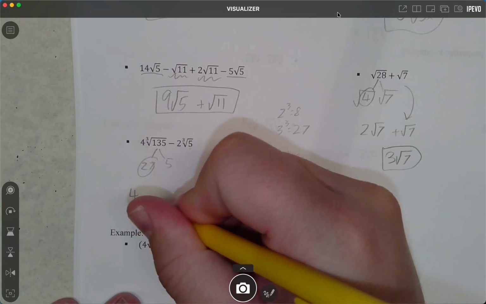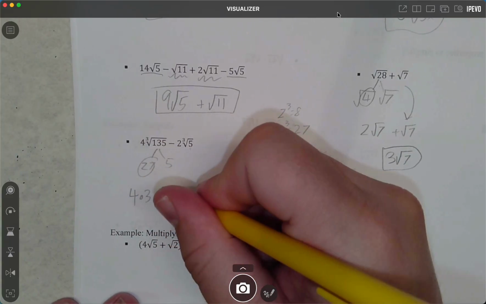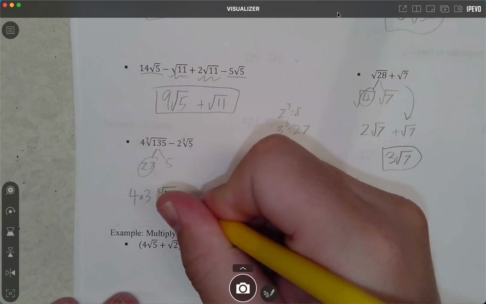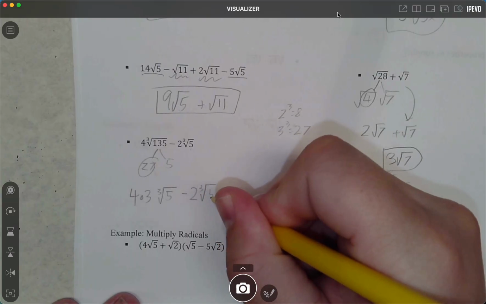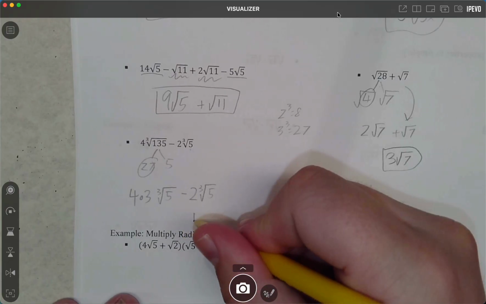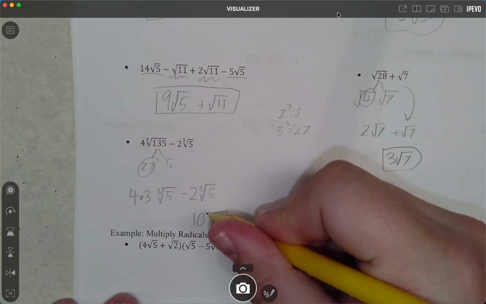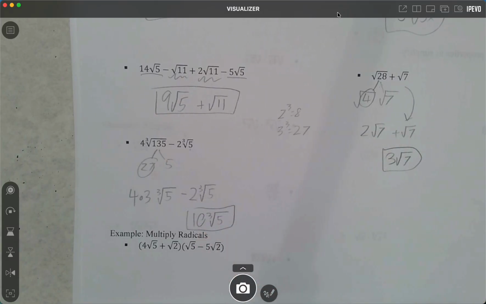So what happens here? We've got 4 times 3 from the root of 27, cube root 5, minus 2 cube roots of 5. And so I'm going to do this kind of quick, but that's 12 of these things minus 2 of these things. So we have 10 cube roots of 5 when this is all said and done.